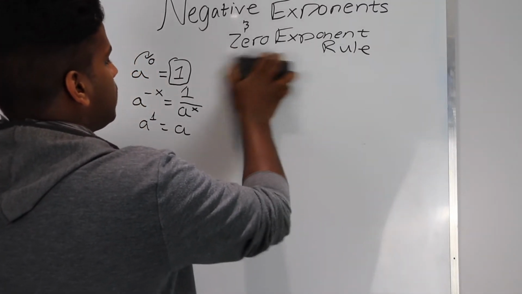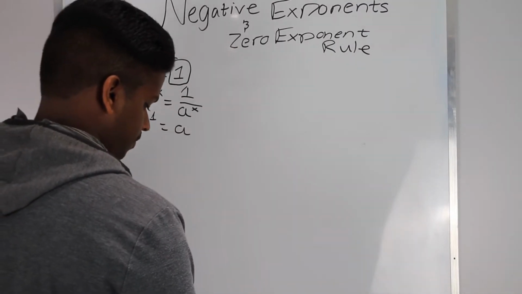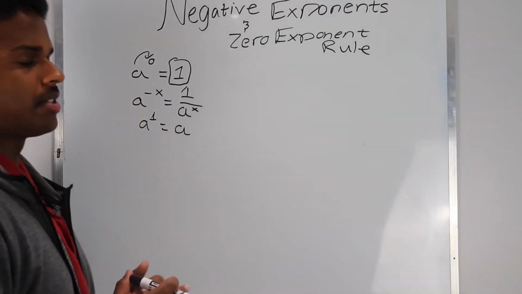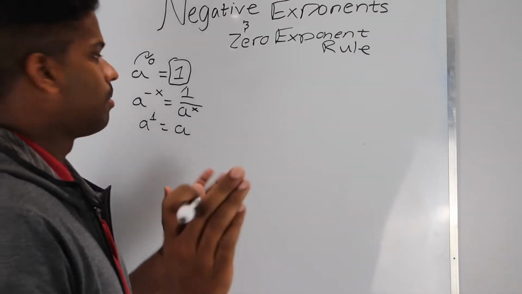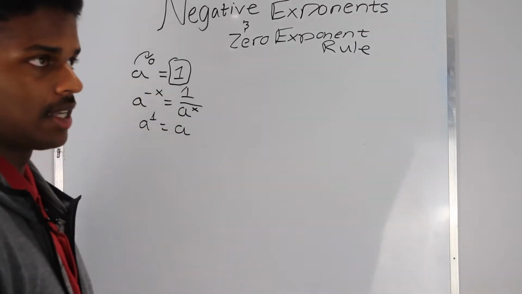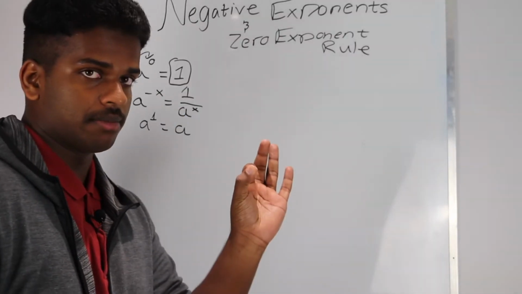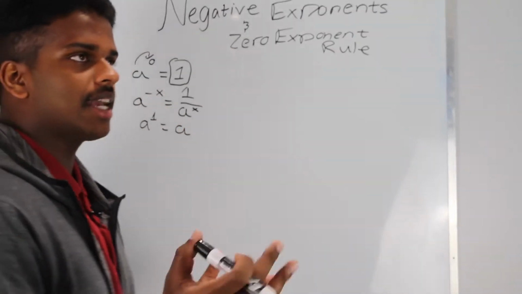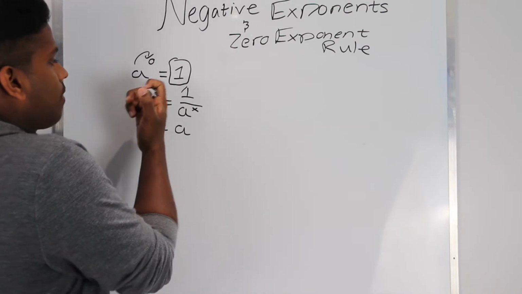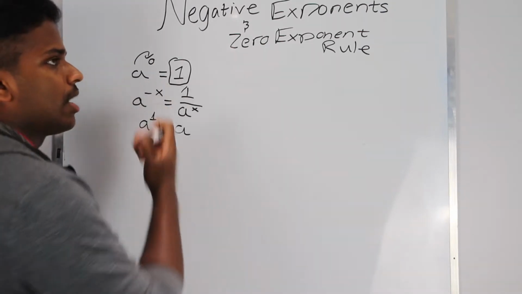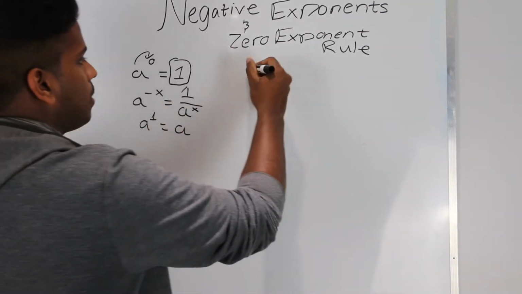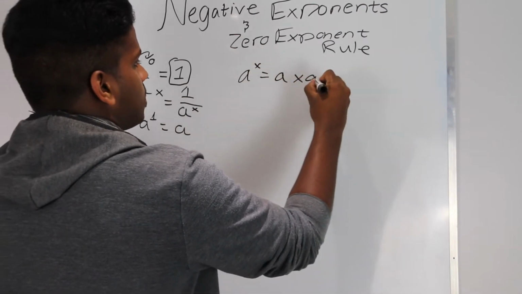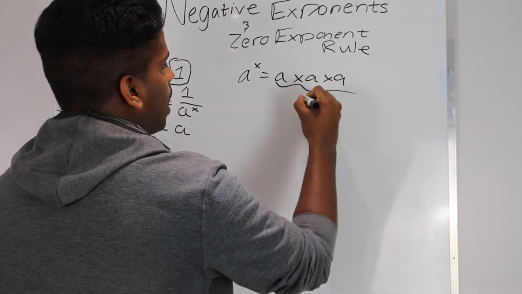Now we get to the negative exponents part. Same thing here: assume that A represents any real number, and then X represents any positive integer this time. Even though we have a negative sign there, if X represented a negative integer, the two negatives would cancel out and it would become positive, and it would just be A times A times A, what we had in the introduction video, however many times.